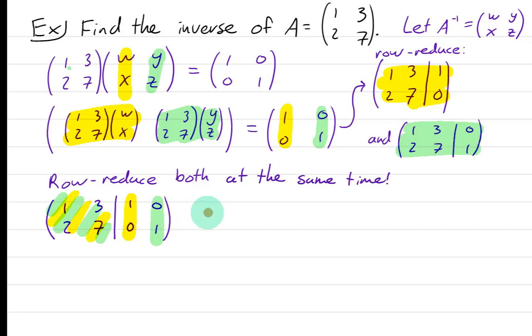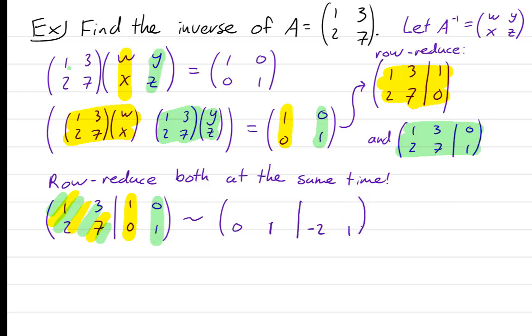So I'm going to do a regular -2 times row 1 plus row 2 to get the new row 2. That's going to be a 0 here. -2 times 3 plus 7 is 1. And then -2 times 1 plus 0 is going to be -2. And -2 times 0 plus 1 is still 1.